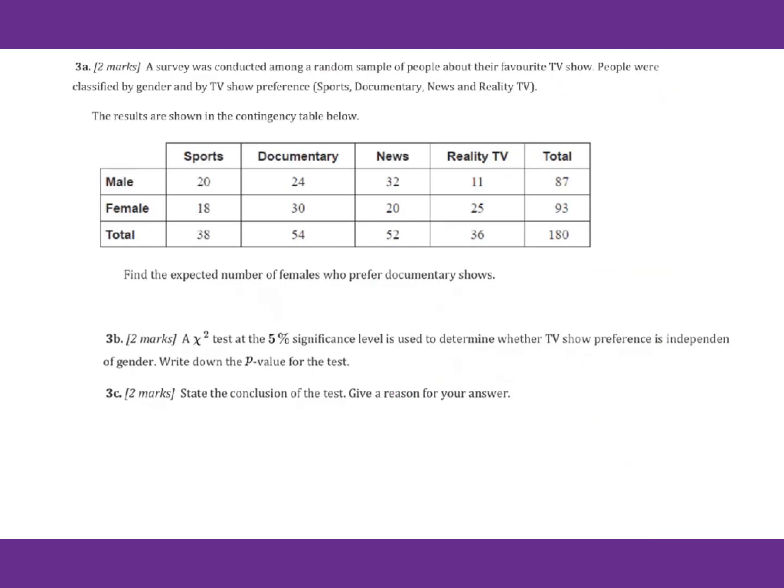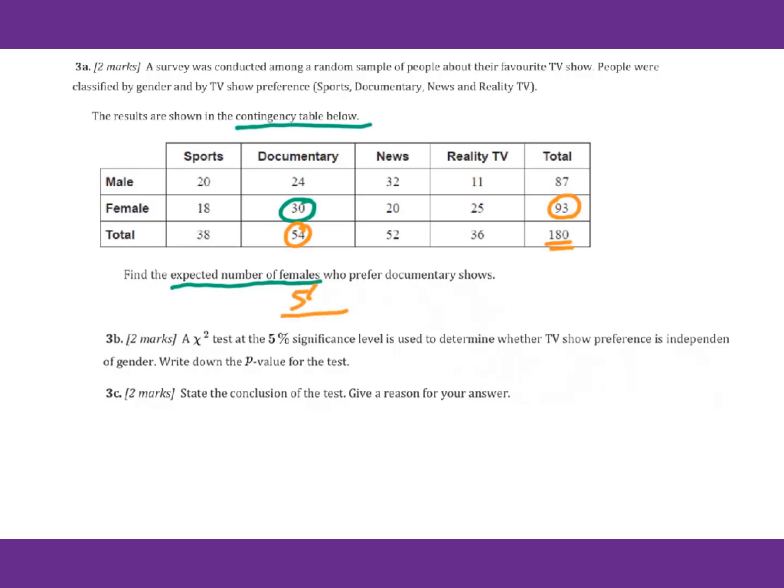We know this contingency table. Find the expected number of females who prefer the documentary shows. Female and documentary, that means this 30. We have to use the totals, that's 54, 93, over 180.